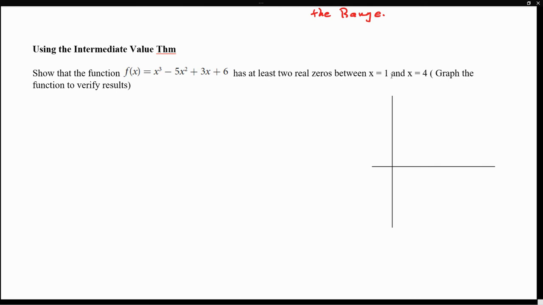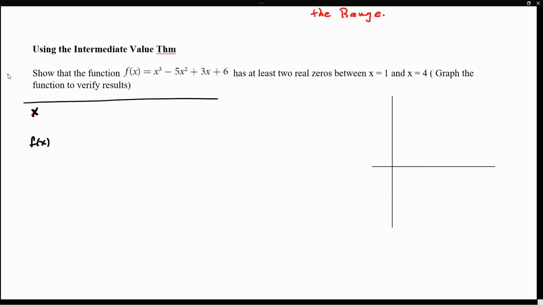So how can we show that? Well, if you graph it, you can just look at the graph and verify yourself. But what if you don't have a graphing calculator? Well, one way to do it is by using the intermediate value theorem. So let's just create a table of values.